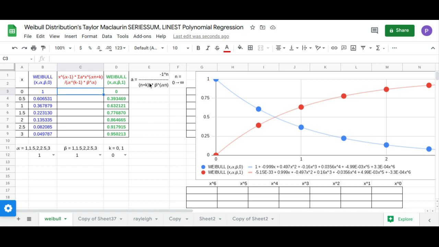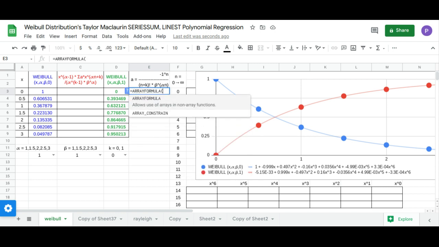And our value for a with coefficient is -1 raised to the power n over factorial n times b or beta raised to the power alpha n. And our value for n is from 0 to infinity. 16 is good enough. Next, we continue with the coefficient, which is r from -1 raised to the power n.